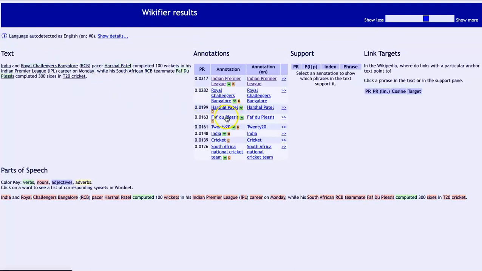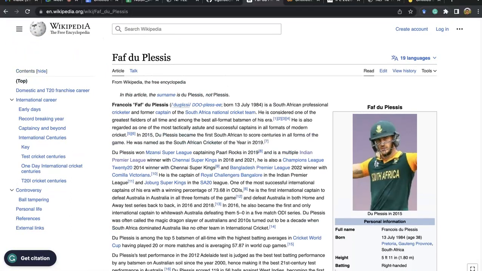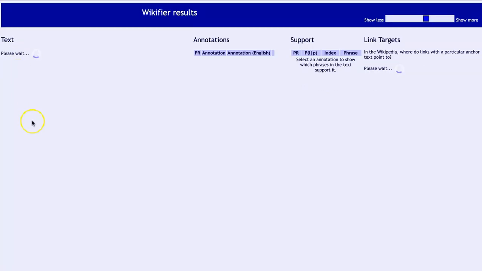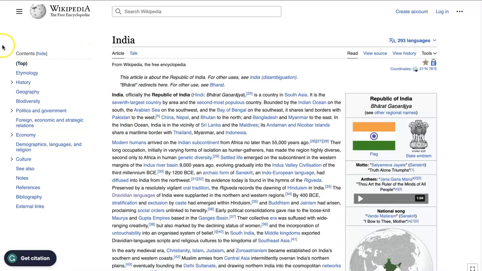Similarly, let's see Faf du Plessis. You can see they have already connected it with this Wikipedia page. And for India, this India also they connected with the India page.